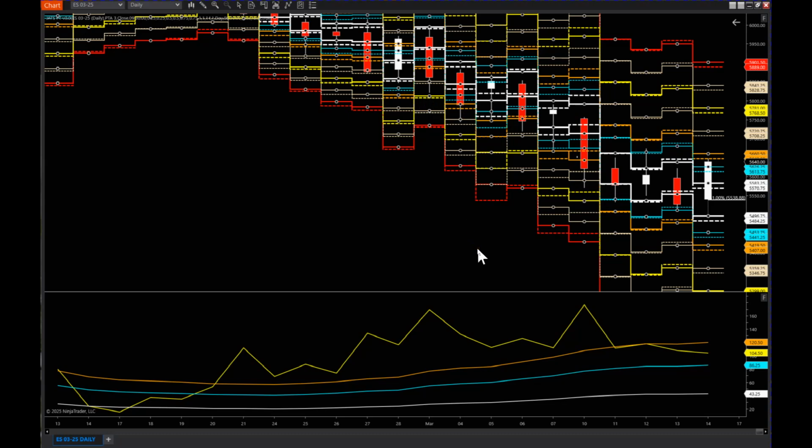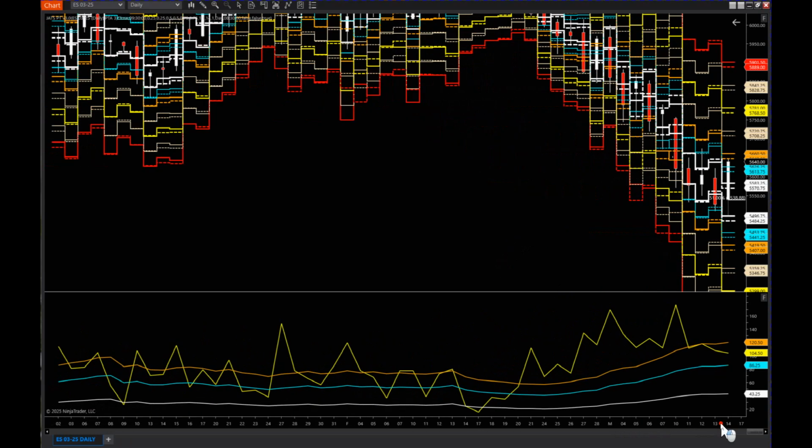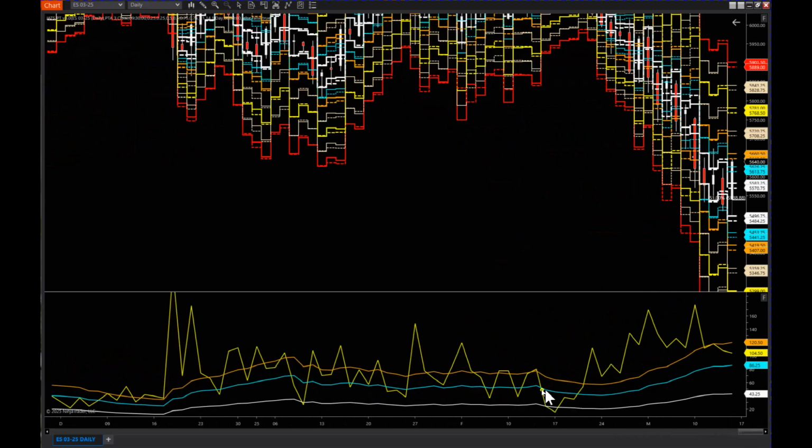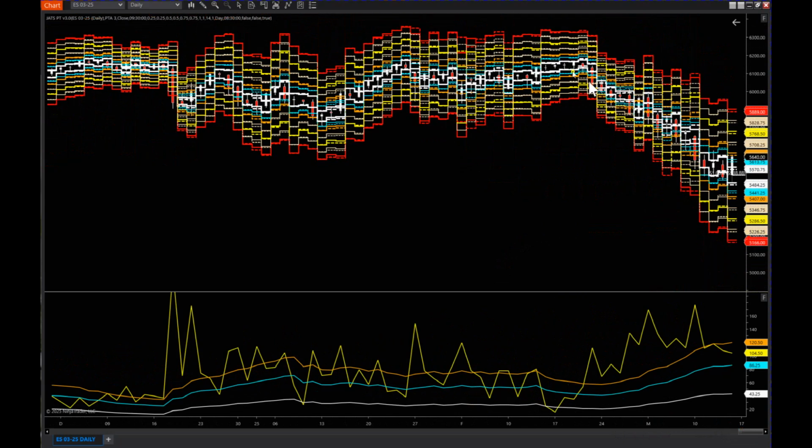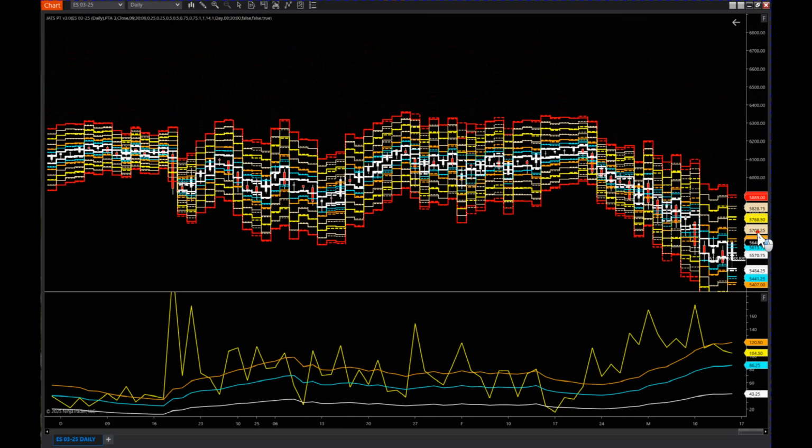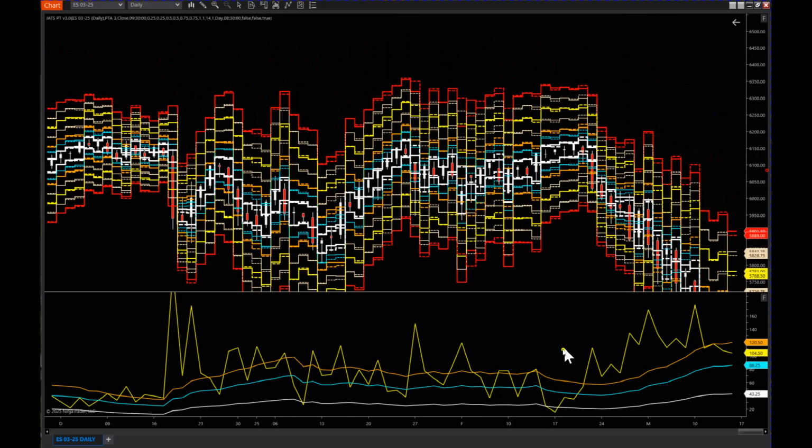And that's when you would want to come in with your call spreads or put spreads, depending upon the direction that you're trading. And if you're inside the distribution, you can be selling your condors, right? So anytime you're down in here, you know that it's going to stay inside these white ones. Kind of hard to see, but you get the point if you've been trading any period of time.